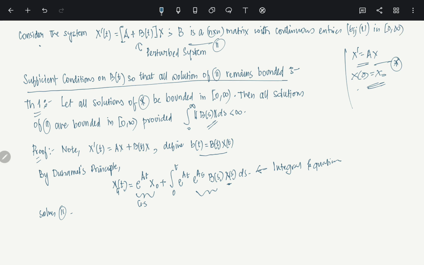Here you see that since all solutions of the homogeneous problem, x prime equals Ax, are bounded, that is given, right?